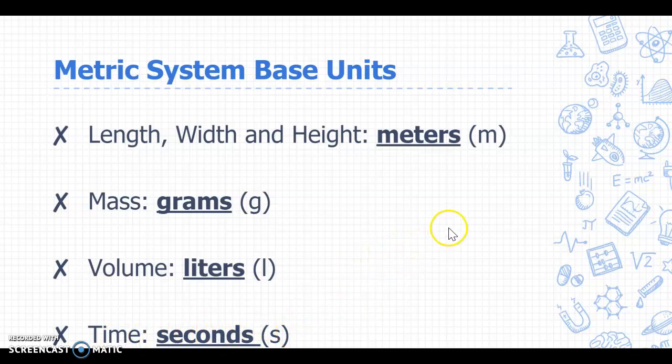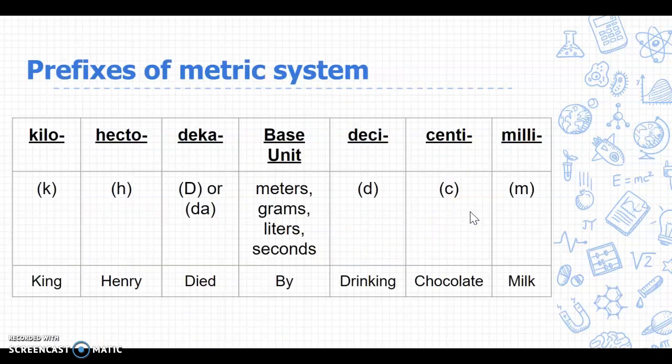So the nice thing about the metric system is these are the base units that you have to remember. And then the prefixes are the same no matter what the base unit is. So if I want to talk about smaller than a meter, then I would say a decimeter, a centimeter, or a millimeter. If I wanted to say something larger than a meter, then I could say decameter, hectometer, kilometer.